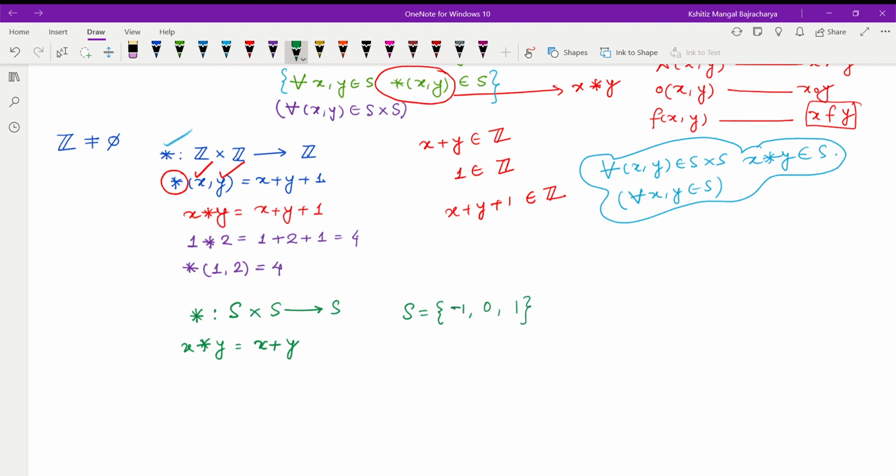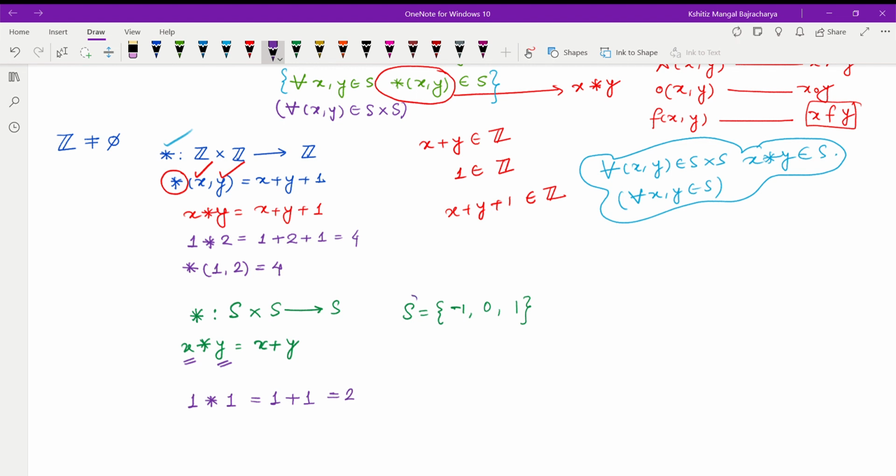Now, is this a binary operation? No, this is not a binary operation, because we can take any x, we can take any y. Let's take 1 star 1. Then we're going to get 1 plus 1, which is equal to 2.